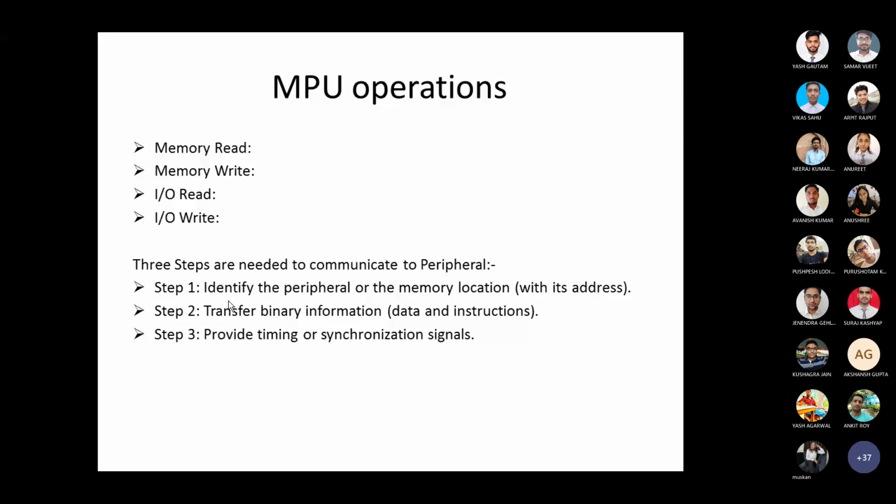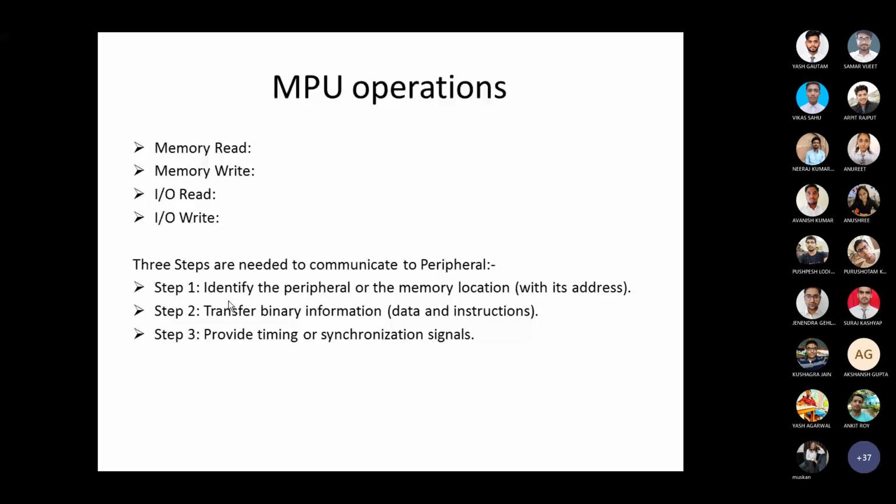Similarly, memory write: whenever there is a memory write signal, the data in the data bus will be written at the particular memory location for which the address is given in the address line.